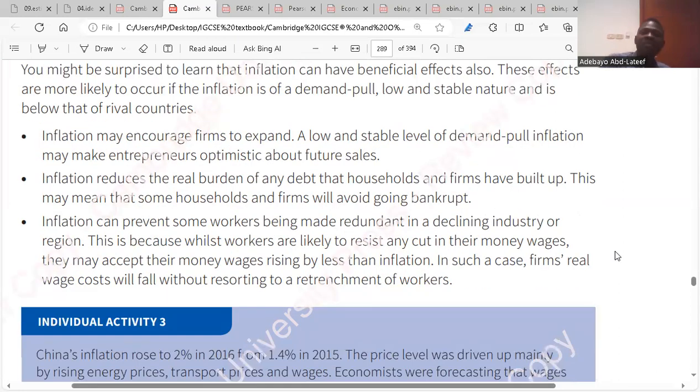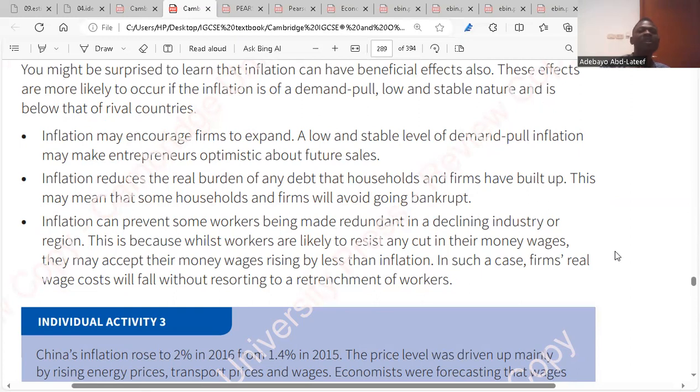A low and stable level of demand-pull inflation may make entrepreneurs optimistic about future sales. That means entrepreneurs will think that they can sell more because there's high demand. So that is good for the economy. Output will increase because firms will be encouraged to increase their output, confident that people will buy more based on how demand is increasing.